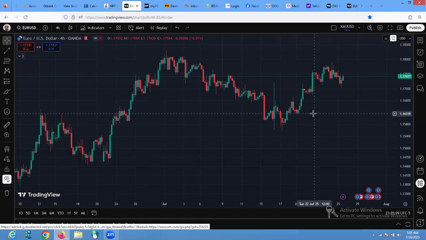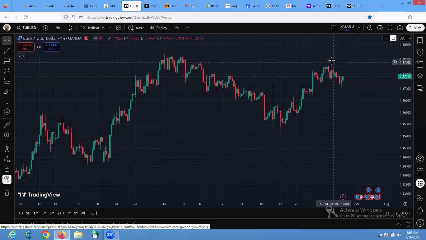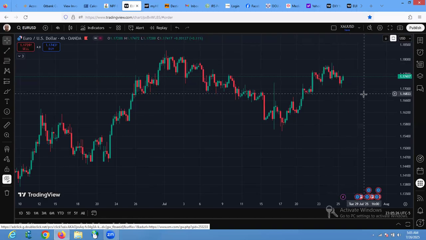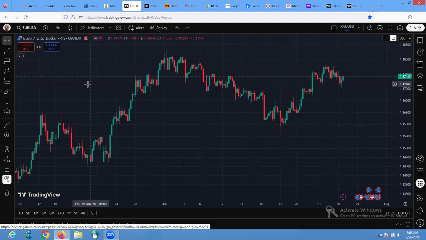So if this is going to be a double, but otherwise, yeah, they may have finished the correction. But let's see how this turns out to be. It could be a WX, and if we're going to have a Y lead to the downside, we will know. But for now, I think we are going back to the upside.